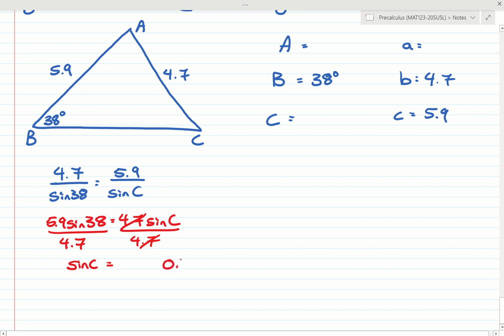Comes out to 0.772 whatever. We want to get C by itself, so let's take the inverse sine of both sides. So on my calculator, I'm going to hit inverse sine, and I get angle C is 50.6 degrees.